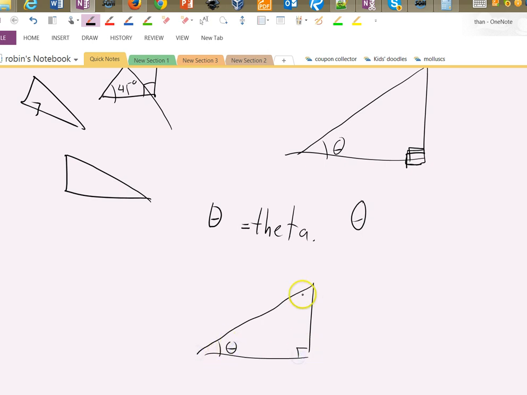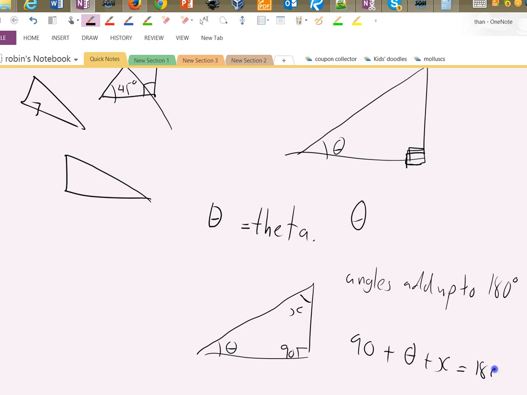That's my right angle. This angle in here, well, we know that the internal angles of a triangle add up to 180 degrees. We know that from geometry. And that's 90 in there. So 90 plus theta plus x equals 180.